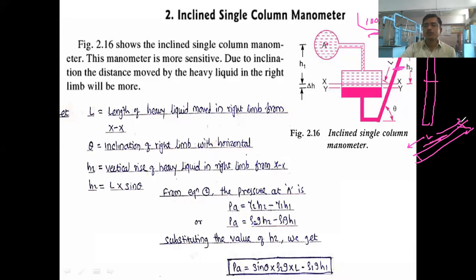So therefore this kind of manometer becomes more sensitive for the small fluctuations. So you can read here, this manometer is more sensitive.